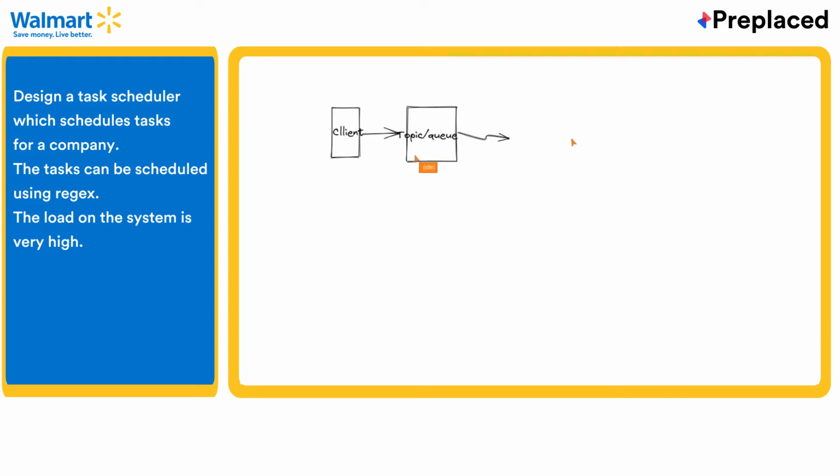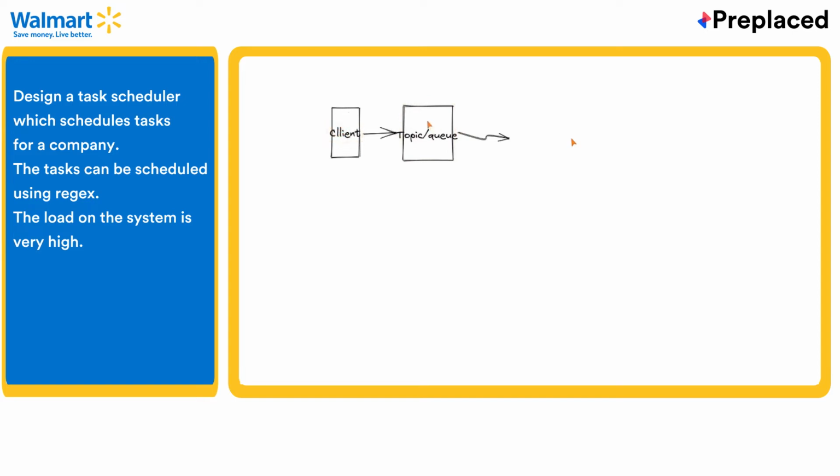So we can have a service on top of that which will validate the client, and if the client is authenticated, then that service will send the data to that particular topic. What do you mean by a service? We can have a microservice in between. Okay, then how will your architecture look?